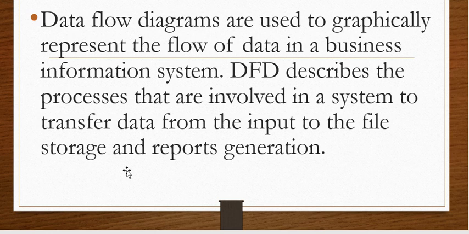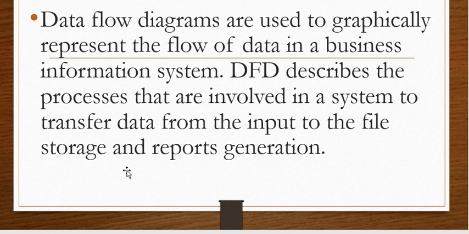DFD describes the processes that are involved in a system to transfer data from input to the file storage and reports generation. It also represents how data is passed through a system. It provides information about the input, output, and the process related to the system.